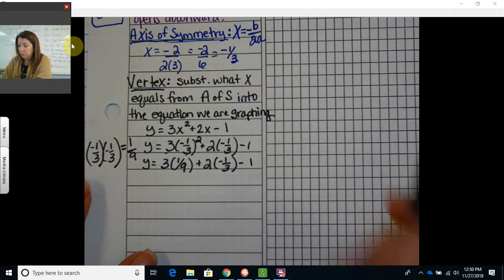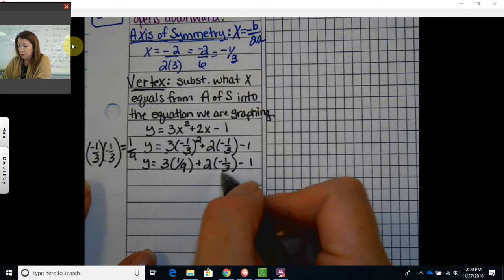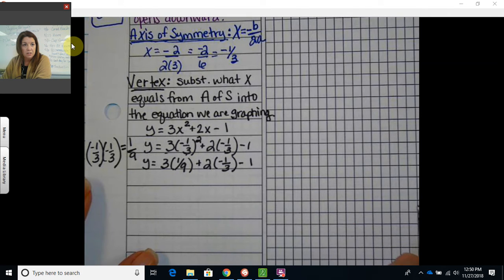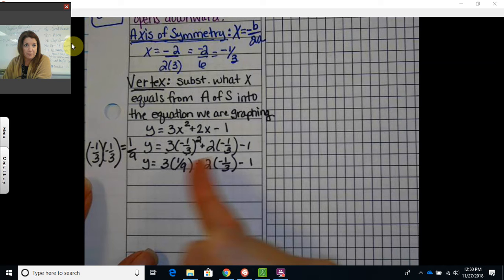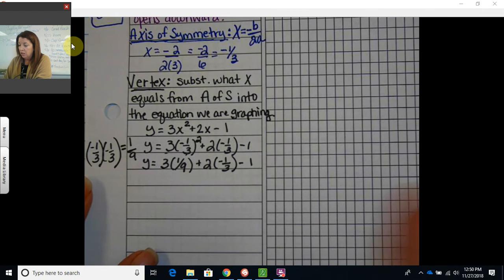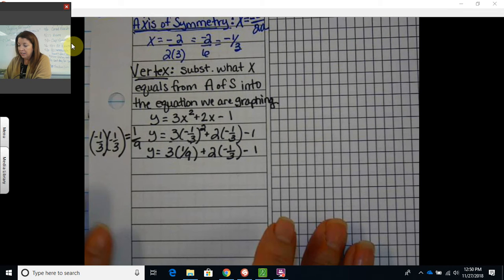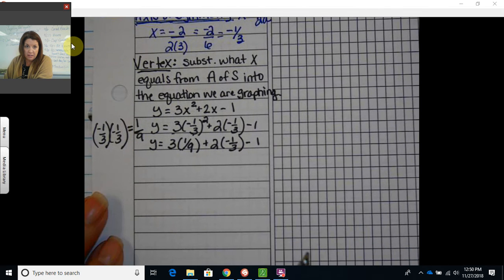Now I've got multiplication, addition, multiplication, subtraction. Order of operations, which part of that do I have to do first? Multiplication. I actually have 2 places to multiply, right? So I'll take care of both of them. When I multiply fractions, numerator times numerator, denominator times denominator. Be careful because a lot of kids go 3 times 1, 3 times 9.